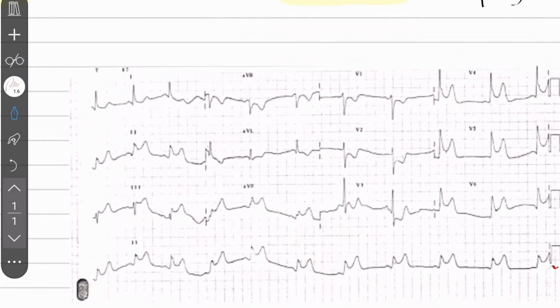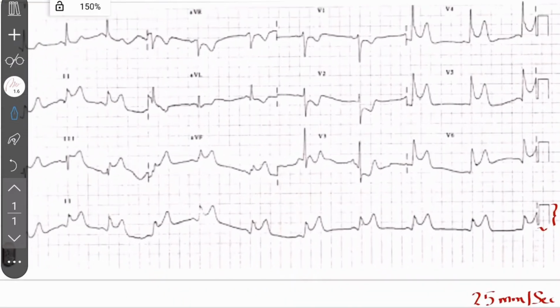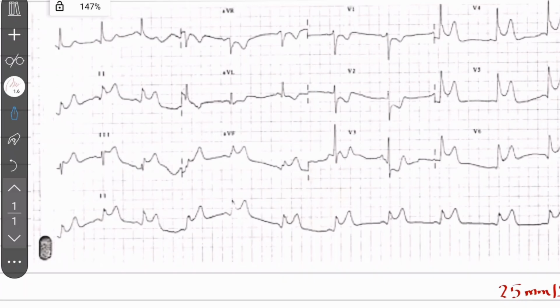For the rate, we should find the RR interval and the number of small squares between the RR interval. First, this is the R wave. This is the R wave.